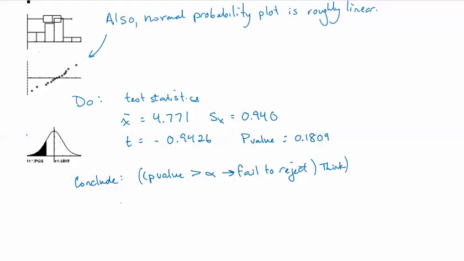And so what we're going to state is the p-value is 0.18, which is greater than 0.05. I think we had 0.005. So we will write our p-value is greater than our significance level.